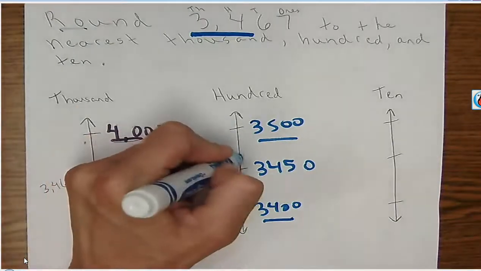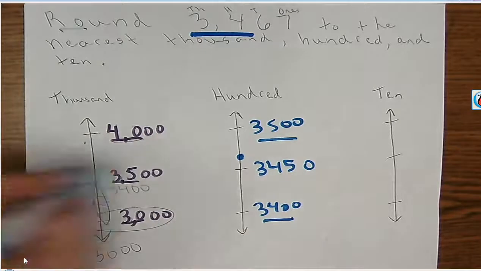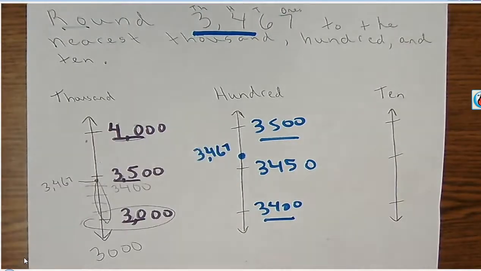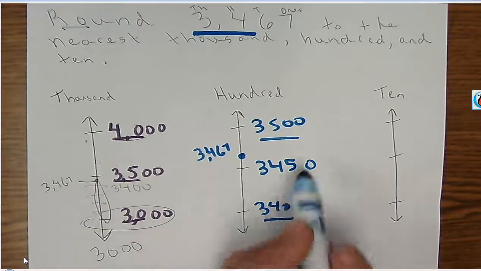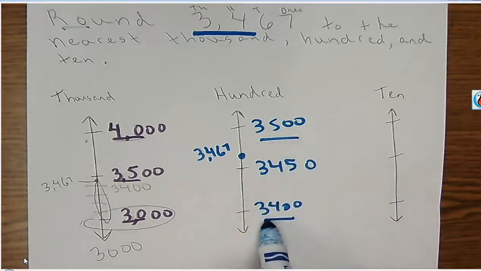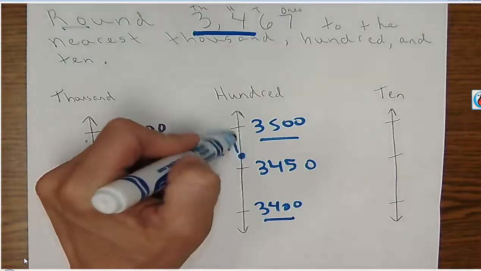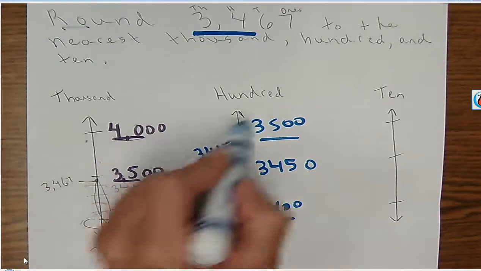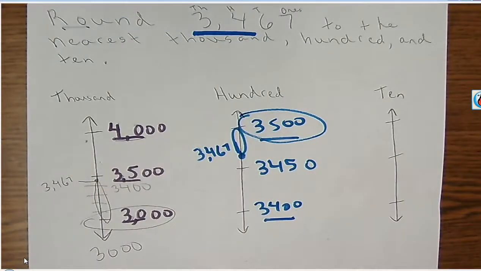It goes up here somewhere. So which hundred is it closest to? 3,500 or 3,400? It's closer to 3,500. There's less space. So this one would round to 3,500.